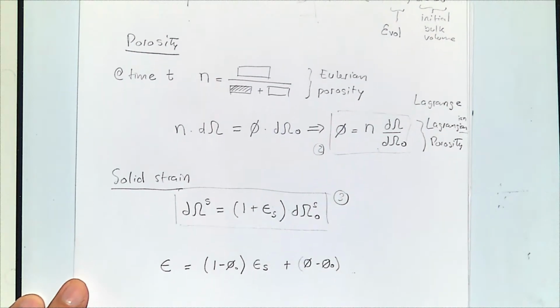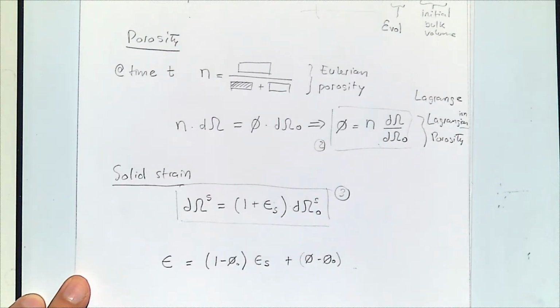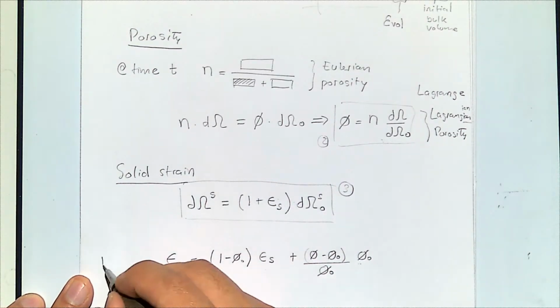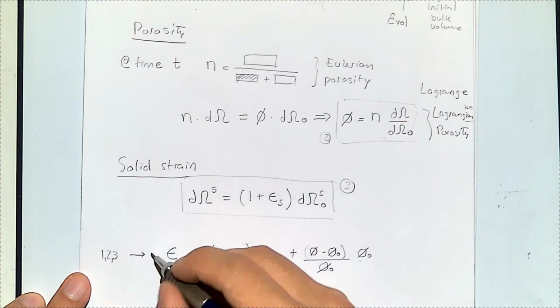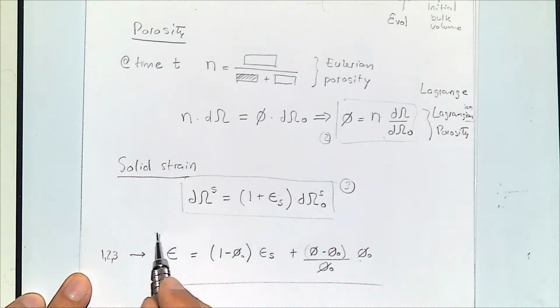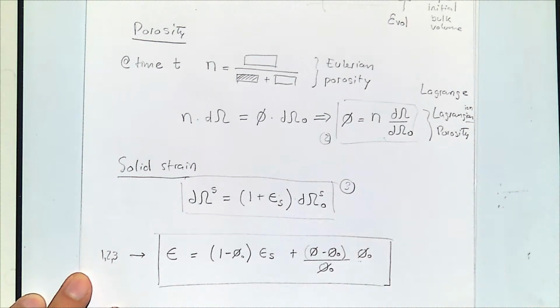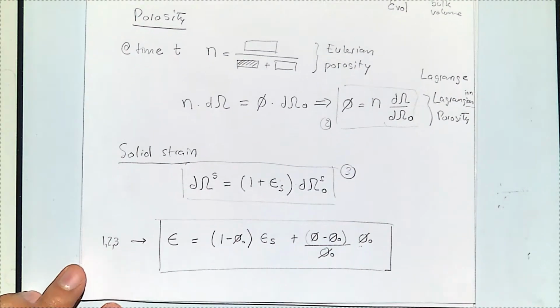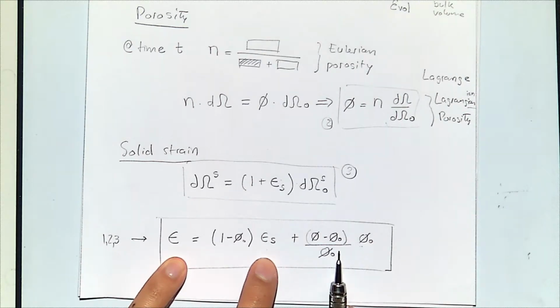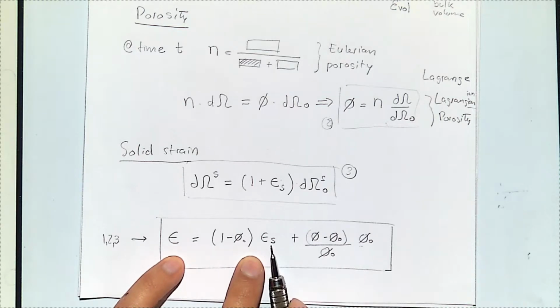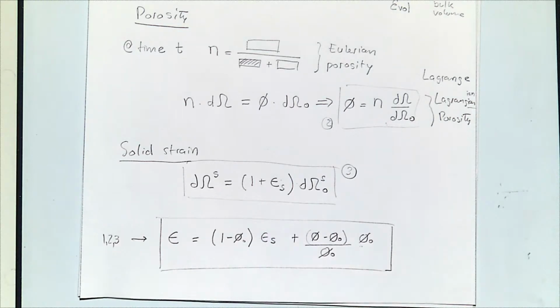And just to make this equation more meaningful, I'm going to multiply this times original porosity and divide it by original porosity. So 1, 2, and 3 lead to this equation. And this is an equation that we're going to need in poroelasticity, because poroelasticity, as I told you before, considers changes in porosity as part of the deformation, but also considers changes of the strain of the solid as part of the deformation.